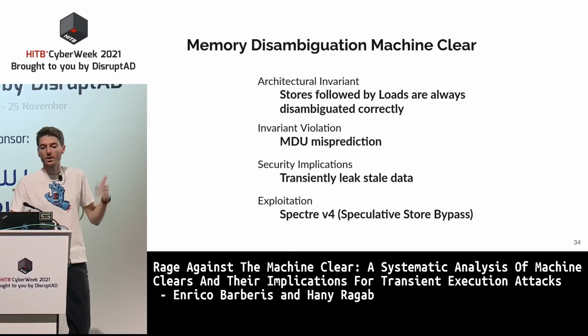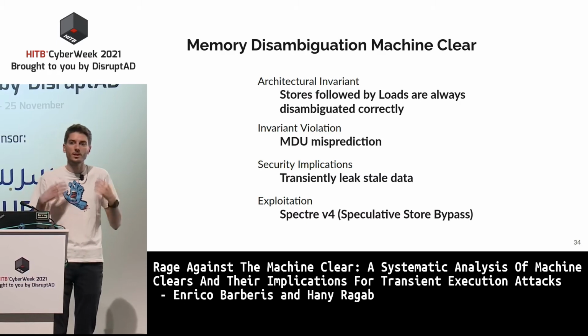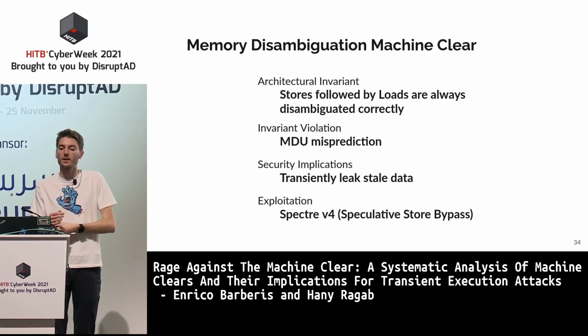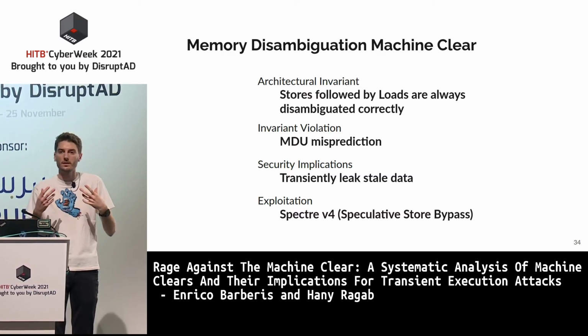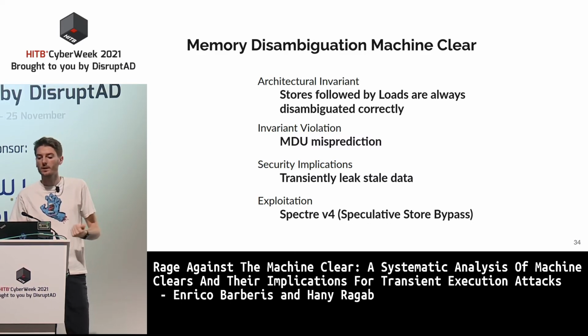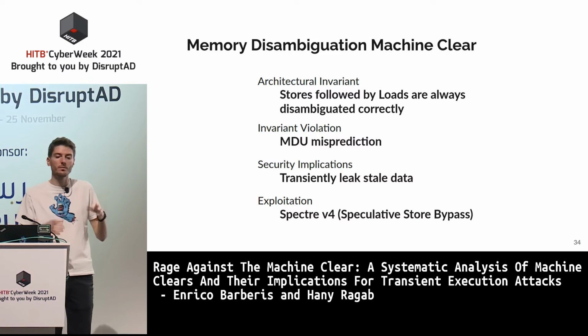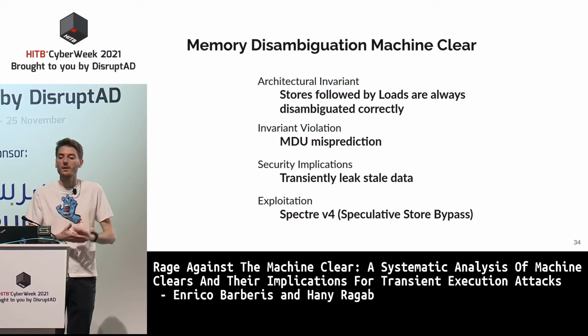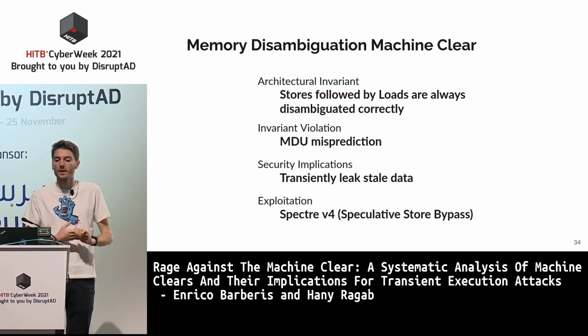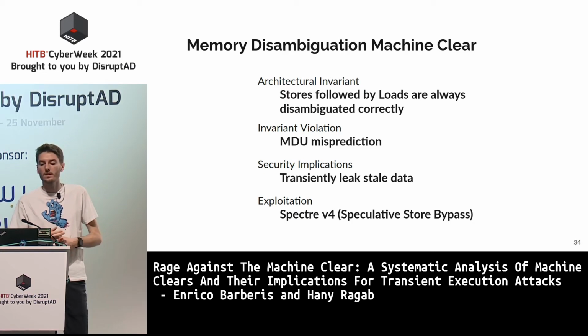So here the invariant is that the processor really trusts this predictor, and basically the predictor will never make a mistake. And to violate this, again, you need a misprediction. So bringing the processor or the predictor into a state where it is going to make a mistake. And the security implication is that it will transiently leak stale data.